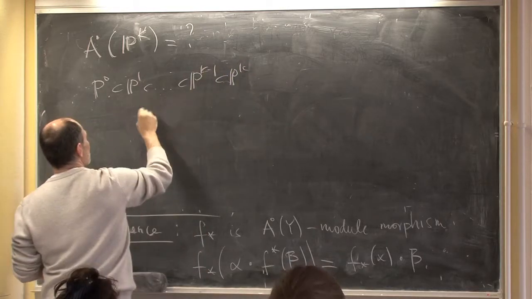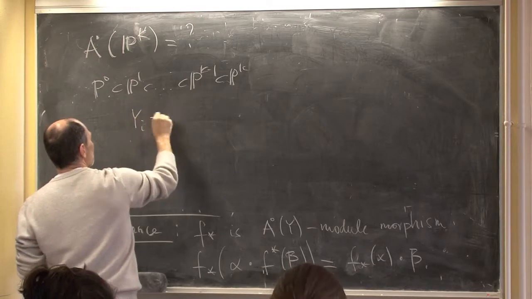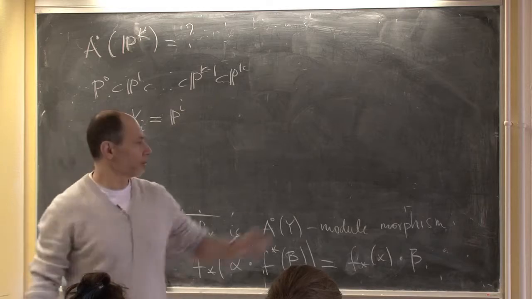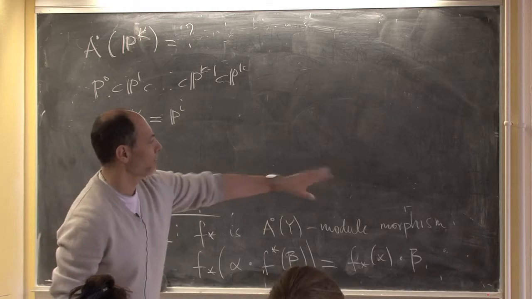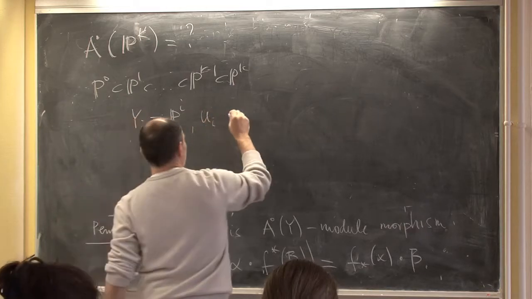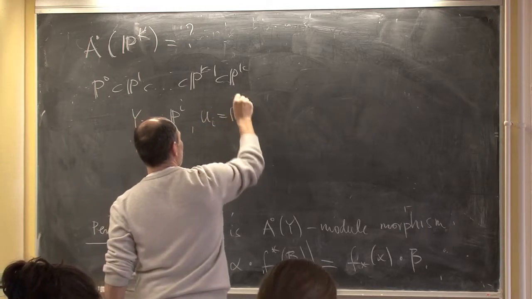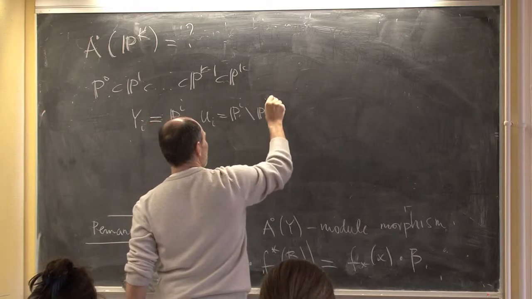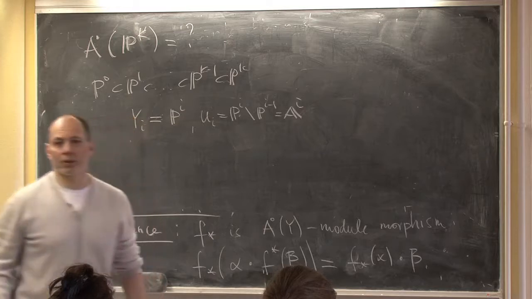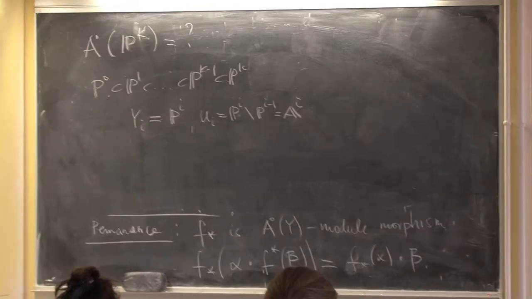And we think of this Y_i as just P^i, right? So those are the subvarieties that I'm talking about. And the U_i's are, of course, just P^i minus P^(i-1), which is just A^i. It's precisely those affine spaces.